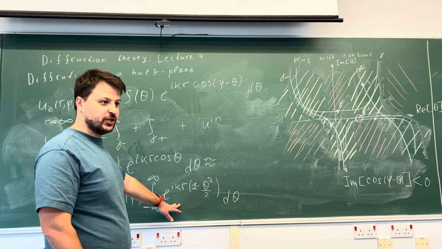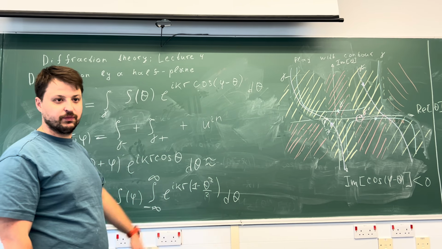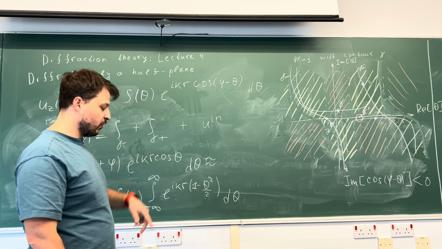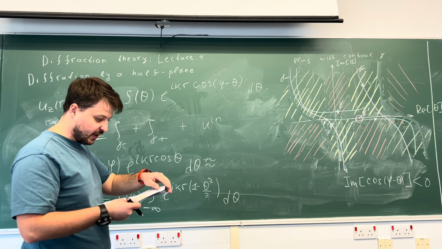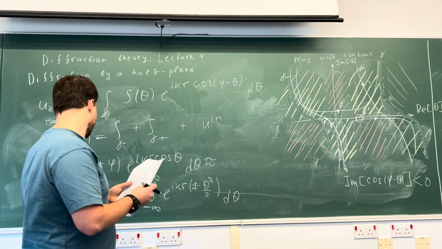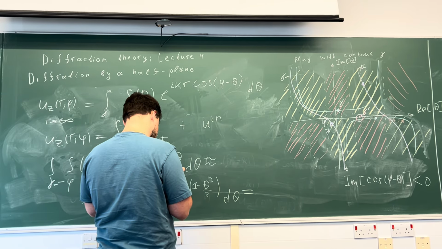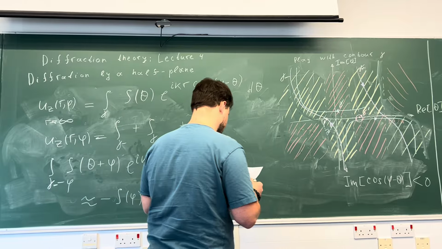So this part is just constant, and this bit gives us a Poisson integral square of pi with some coefficient. Of course, I computed those coefficients.